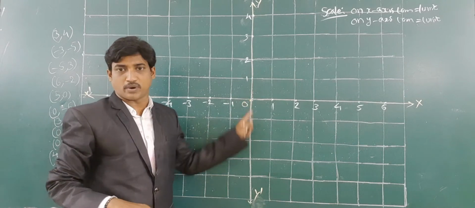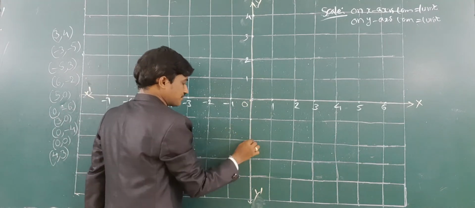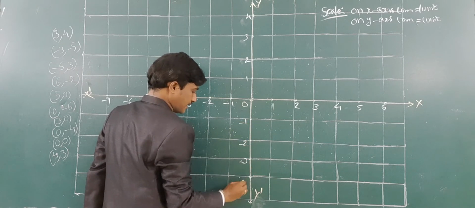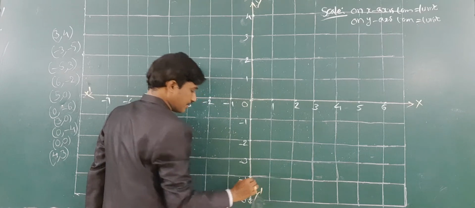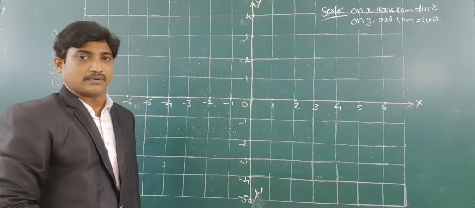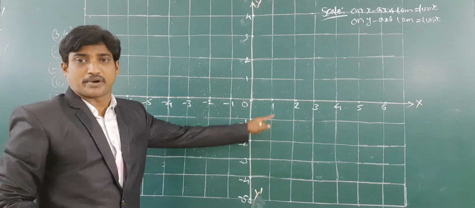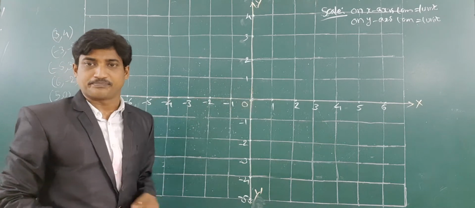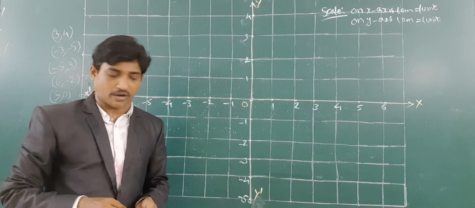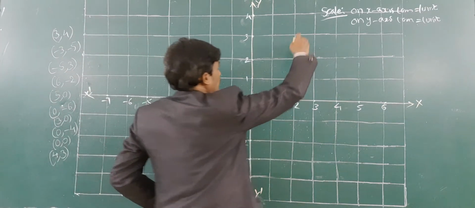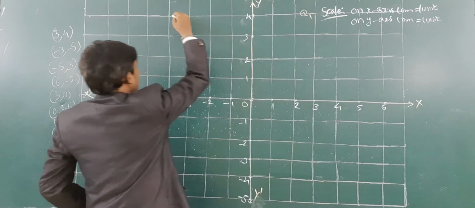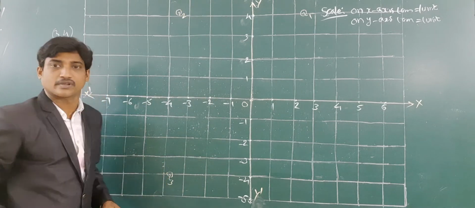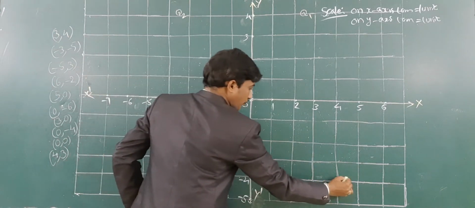Along negative y-axis OY dash mark negative numbers downward -1, -2, -3, -4, -5 and so on. So these mutually perpendicular lines, x-axis and y-axis, divide this plane into 4 quadrants, namely Q1 first quadrant, Q2 second quadrant, Q3 third quadrant, Q4 fourth quadrant.